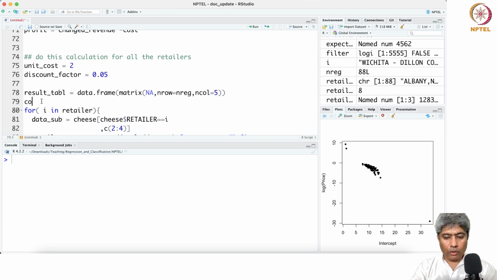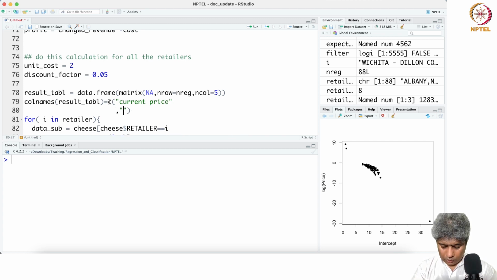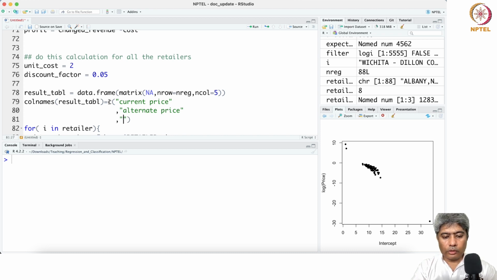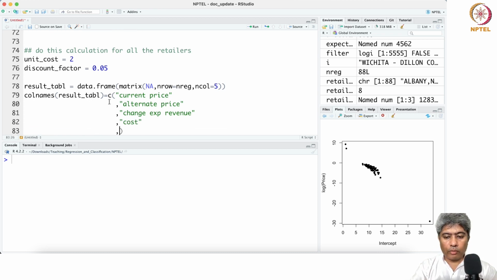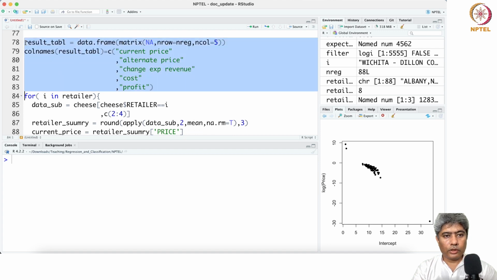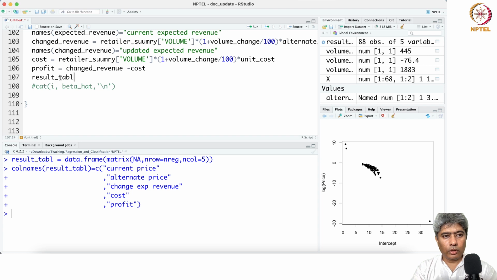Column names equal to: first is current price, second is alternate price, third is change in expected revenue, how much change we are expecting, total cost, and final profit. Okay, all right.